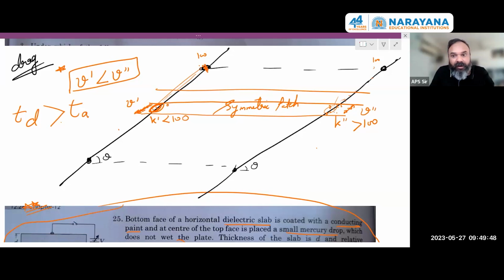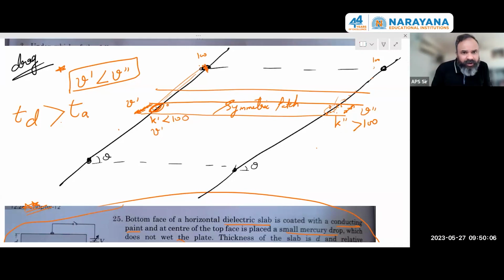So my energy is greater than 100, and this one's energy is less than 100, and the mass in half mv square is the same. So basically, because this is less than 100, his kinetic energy will be less, so speed will also be less, so he will take more time to descend. So without any calculation, logically I can explain the question.